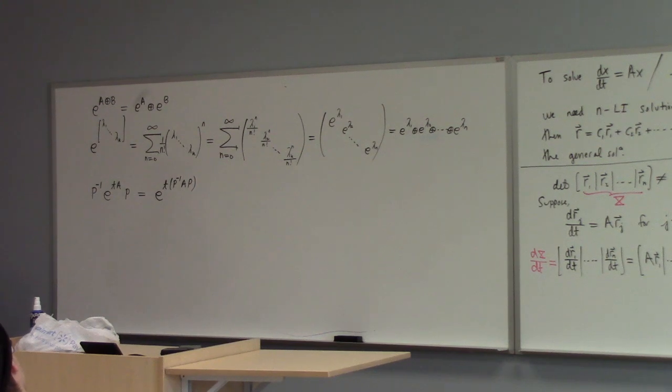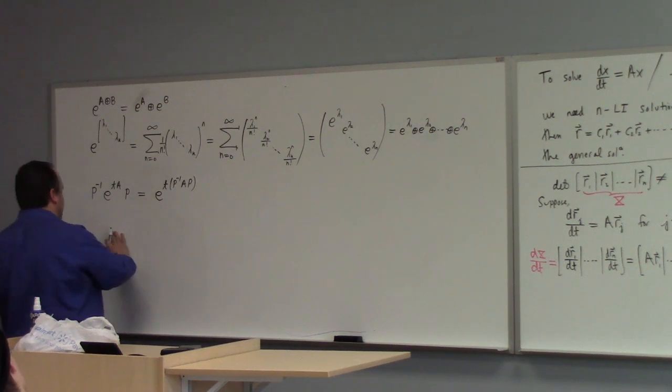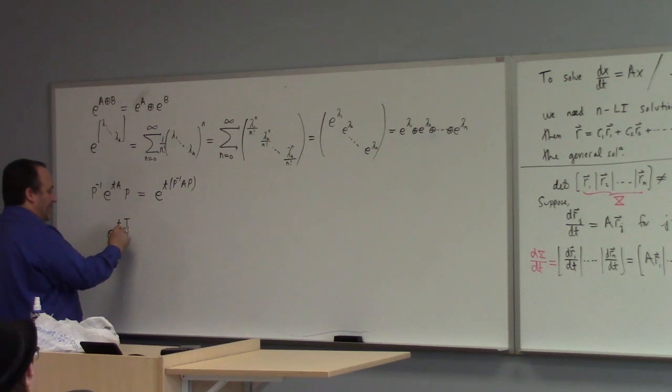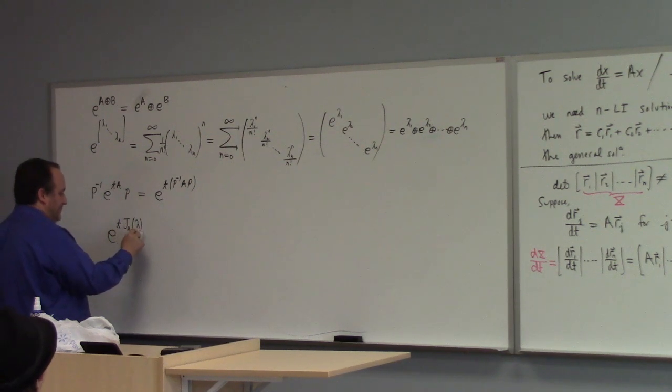And I can even do more here. Like, what is e to a Jordan form, by the way? What is e to t times, let's say, the k by k Jordan form of lambda?